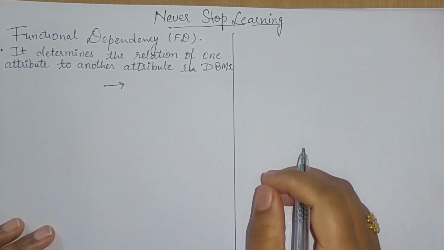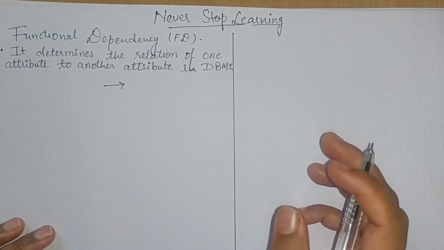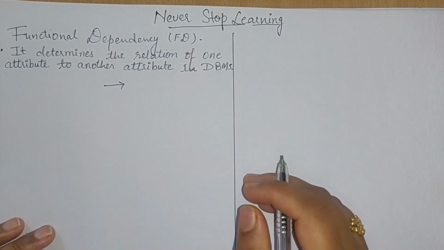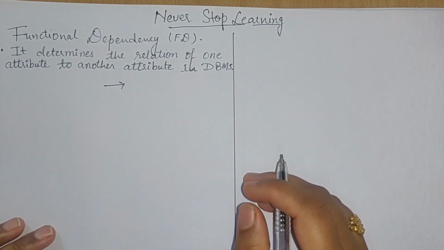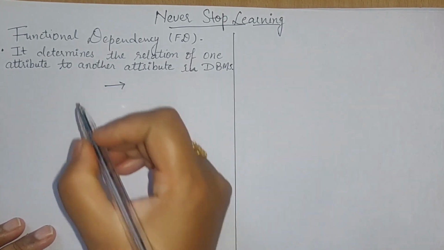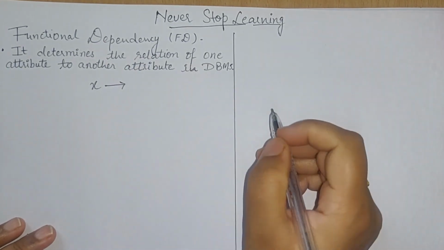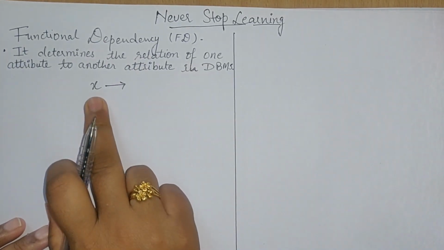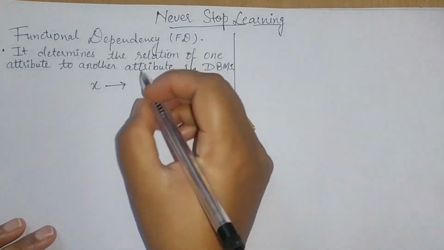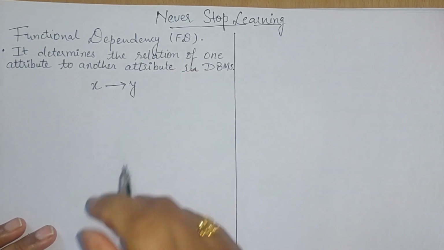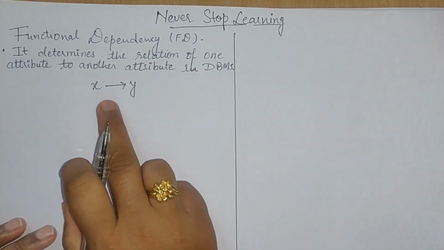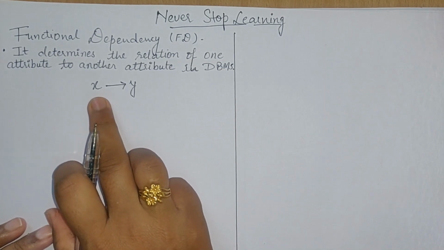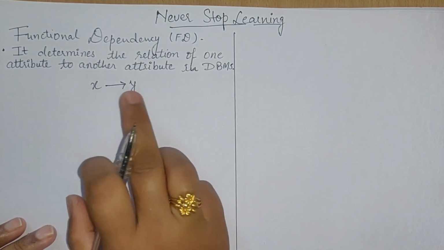So whenever I say that there is a functional dependency between two attributes, for example, if I am saying functional dependency of x on y, how am I supposed to write it? I will write it like this. There is a functional dependency of x on y.